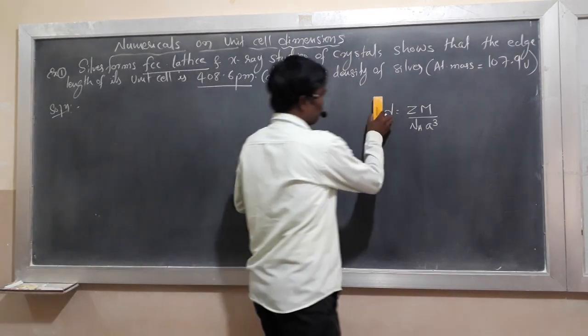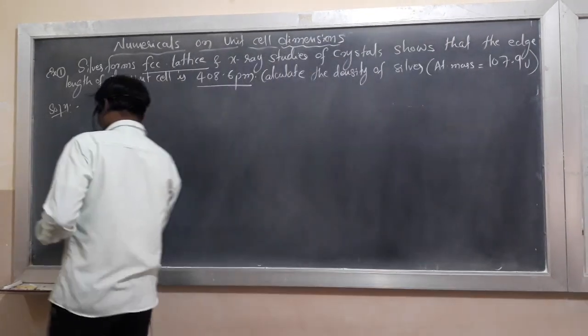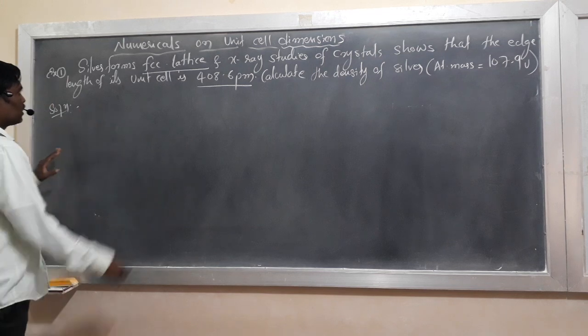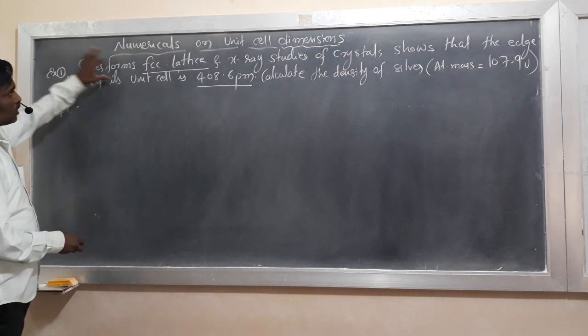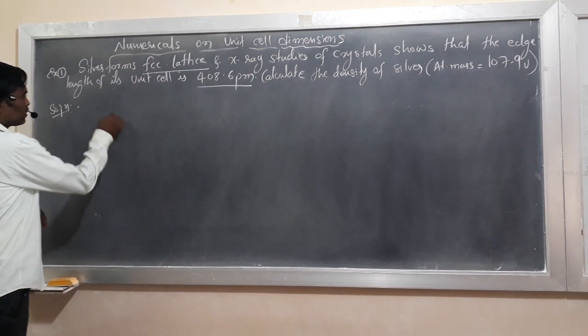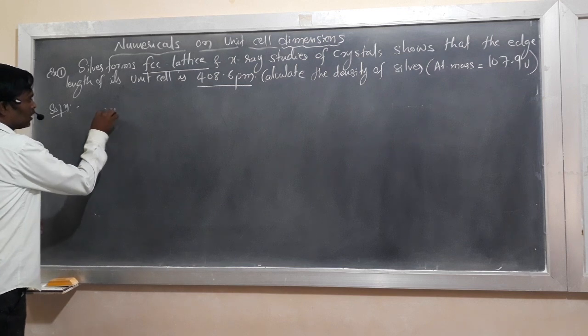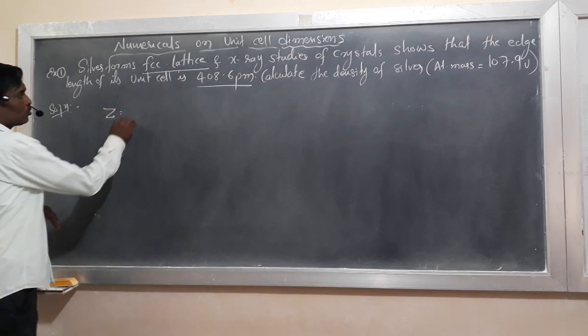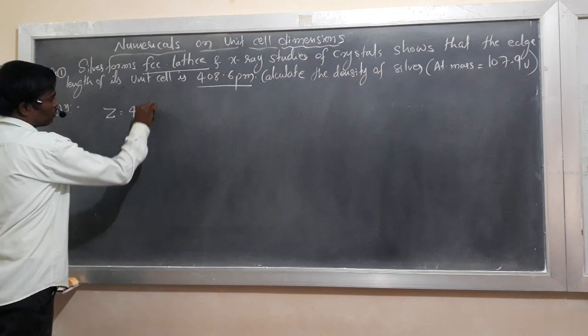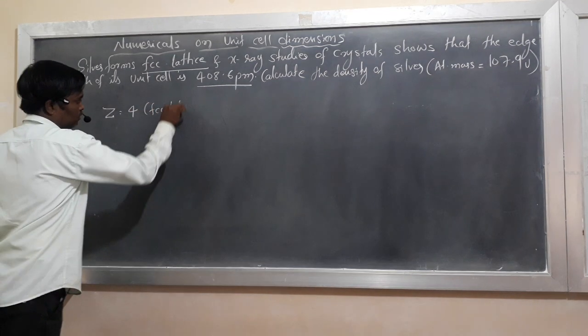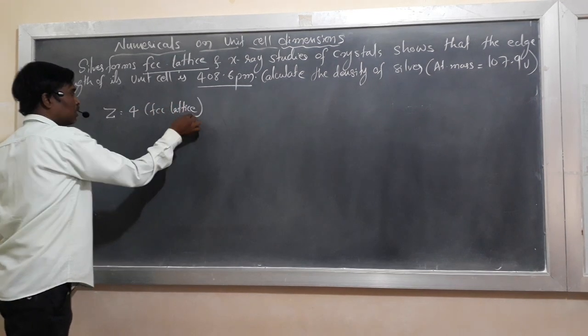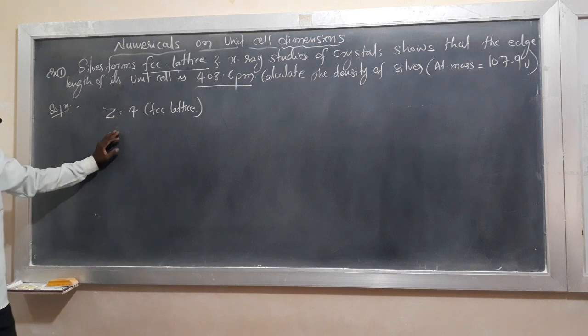Now students, first let me read the given data. So silver forms an FCC lattice. This means the value of Z is equal to 4, because for an FCC lattice the number of particles in that unit cell is 4.